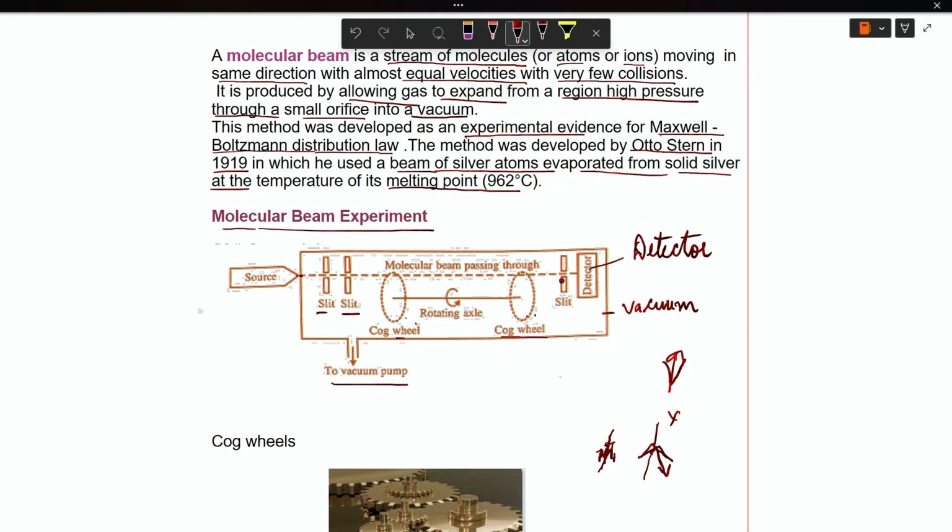They will come to the slit, get collimated and then strike the detector. Hope it is clear. The cog wheels keep on rotating. If some of the molecular beam reaches here from the first cog wheel and does not pass through the depression of that cog wheel, that molecular beam will be cut.